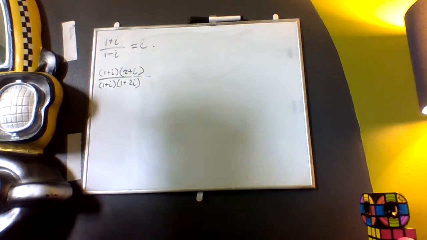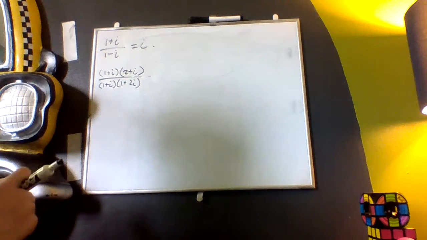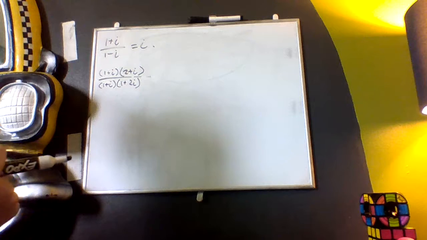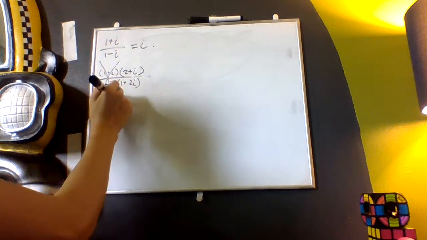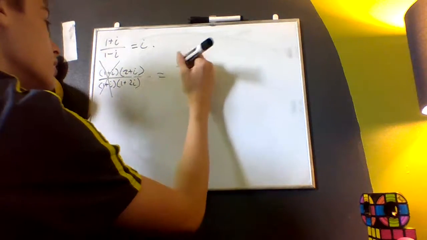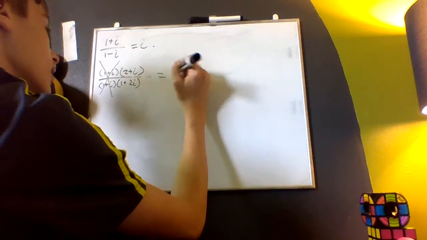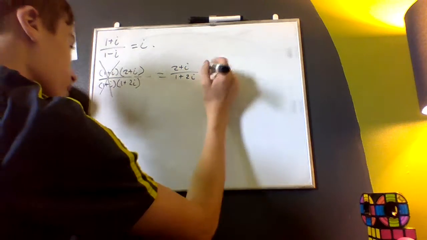For example, you don't actually need to multiply the top and the bottom because you can cancel those out. Okay? So this is just 2 plus i on 1 plus 2i.